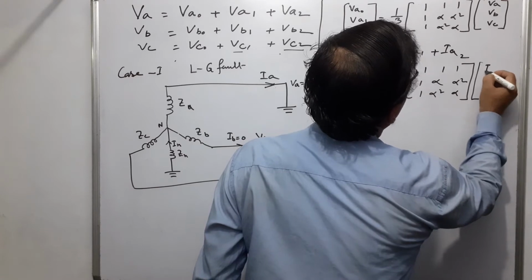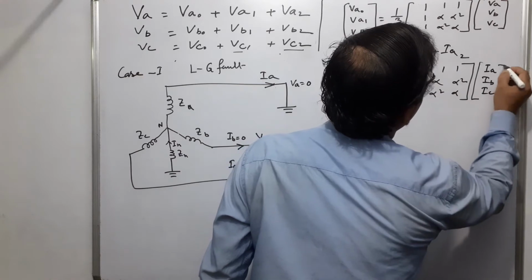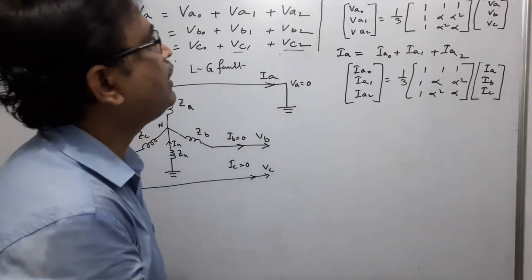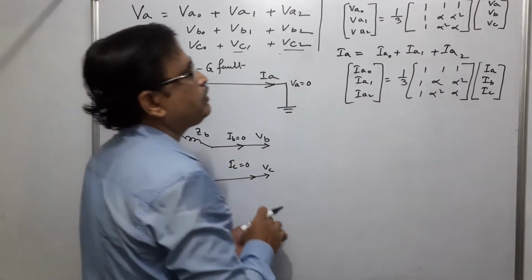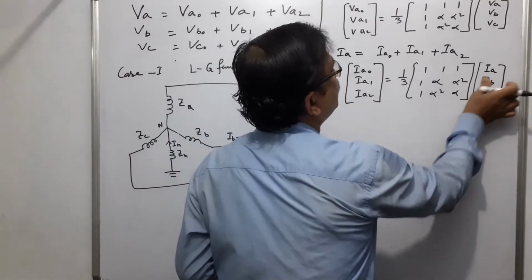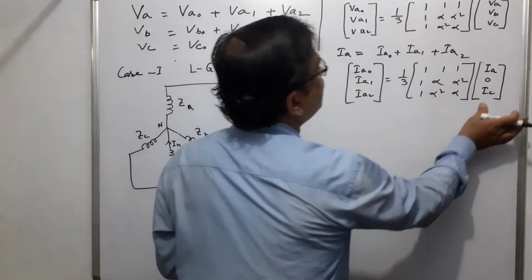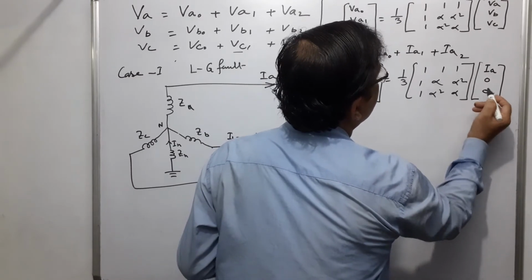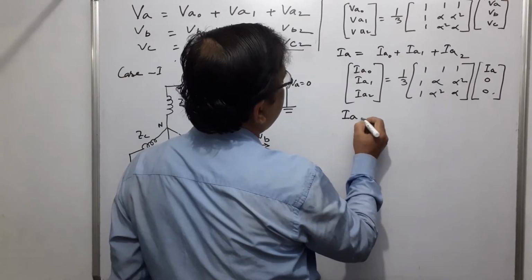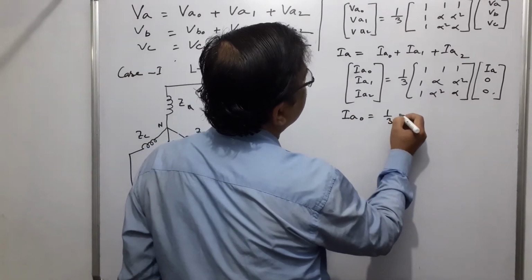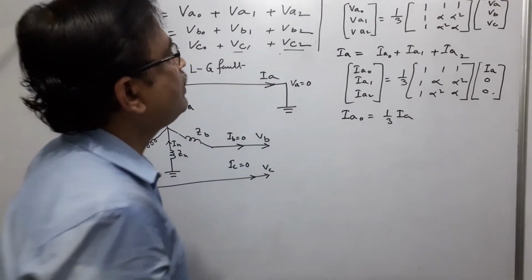Okay, so this is IA, this is IB, and this is IC. Now what is IB? IB equals 0. So we can put IB equals 0 and also IC equals 0. Okay, so IA0 equals 1/3 of IA.